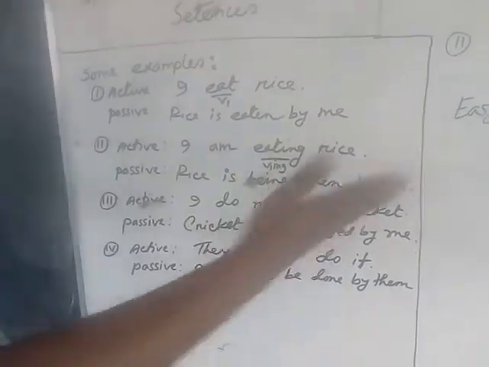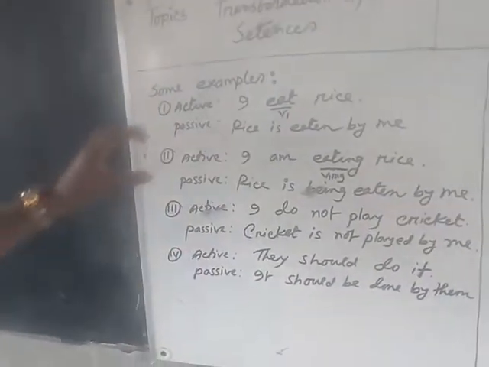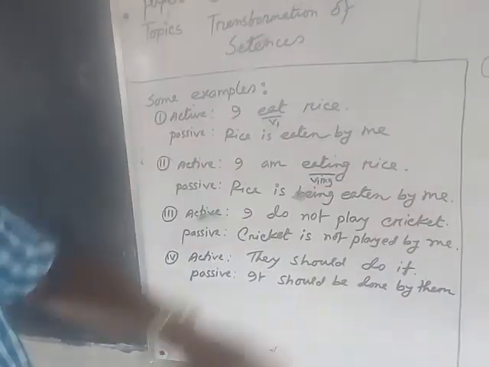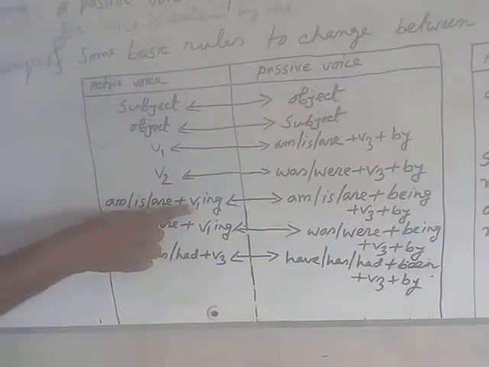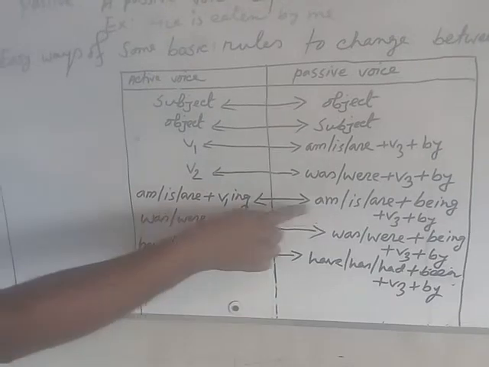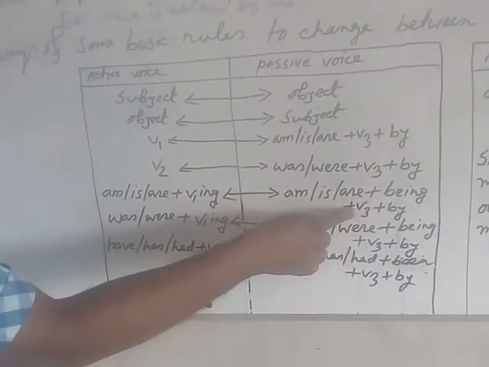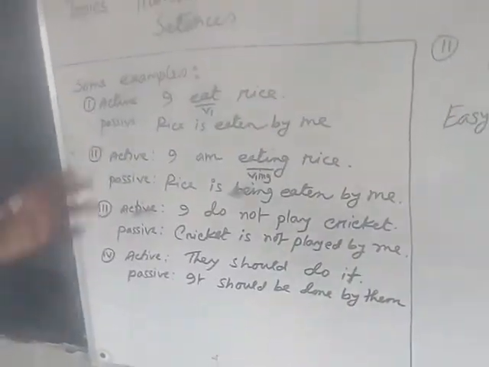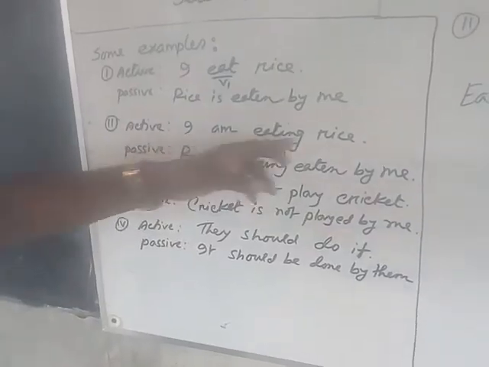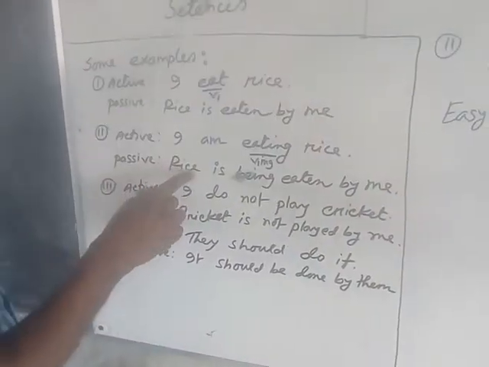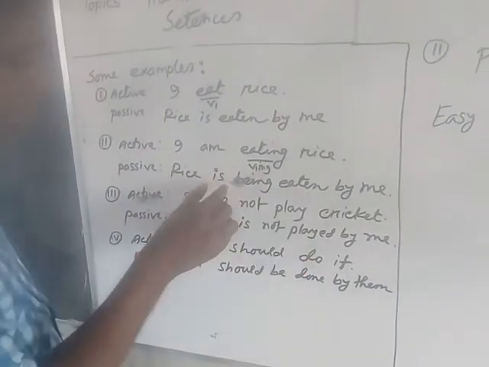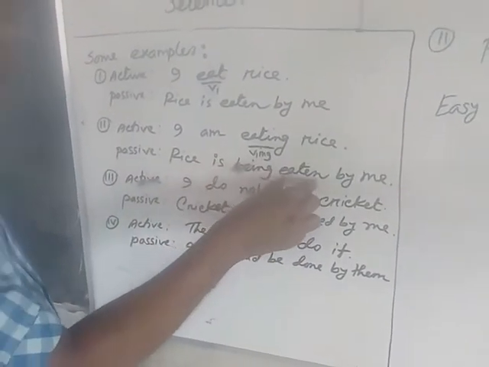Okay, dear learners, of course the rules have been perfected here, and I think you will understand. The next example is: I am eating rice. That is present continuous tense, am, is, are plus verb 1 and ing, and it will be changed into am, is, are plus being plus verb 3 plus by. Please look at the board at how I have followed the rules. I am eating rice becomes: Rice is being eaten by me. Here am, is, are, being, verb 3 and by.